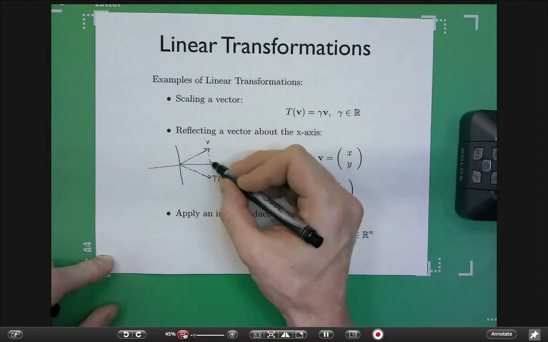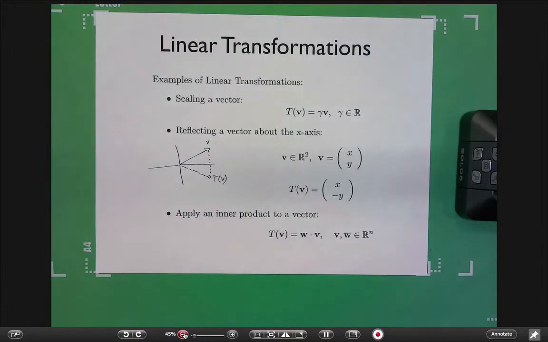I keep the x coordinate and I flip the y coordinate. And again, you can verify very easily that this property is true. It doesn't matter if I do a linear combination first and then reflect it, or first reflect it and then do a linear combination. It could be like doing a proof, but I think it would be wasting your time.